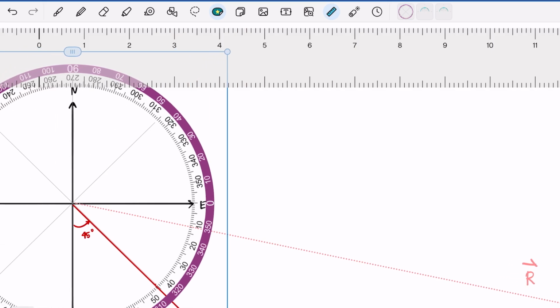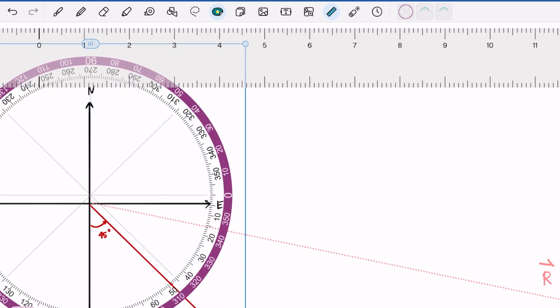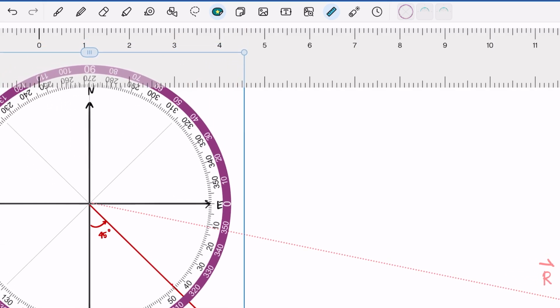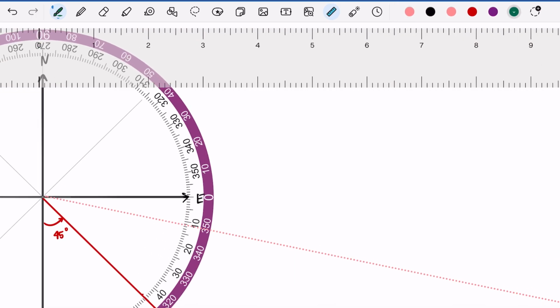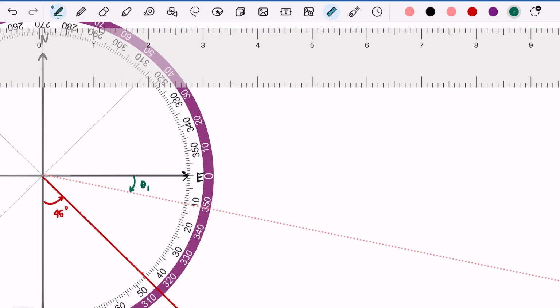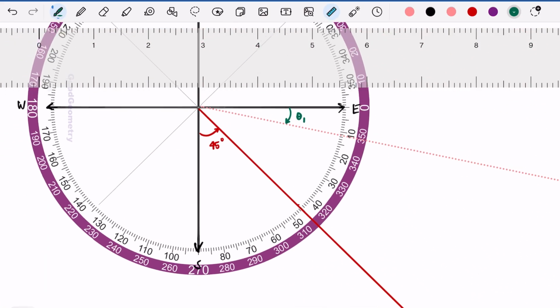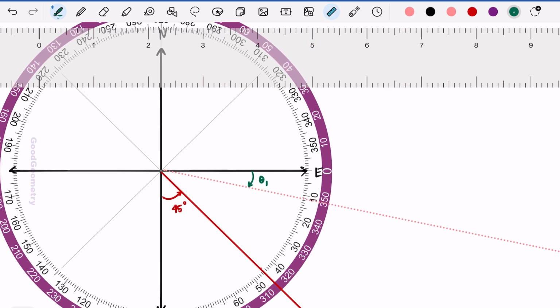Zoom in. Alright, so I think it's offset by a very small angle, but I cannot be very OC about that. I just change the color to green for emphasis. Now, I could get this very small angle over here from the east direction going to my vector and name it theta 1. So theta 1, as you can see, is at 11 degrees, and I started measuring it from east going south.